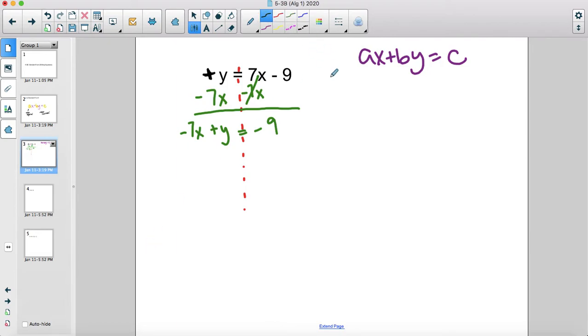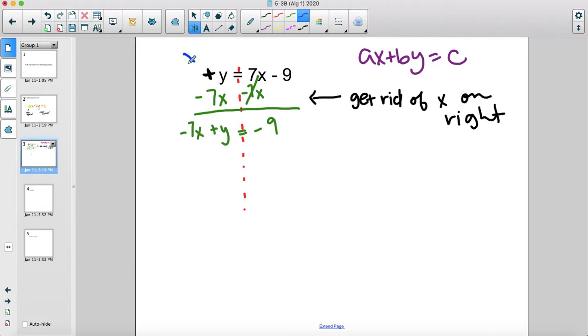Okay, so I'm going to make a note for myself and say, get rid of x on right, because I want to get rid of the x on the right side. And I'm also going to say add a plus, okay, so that that's there.